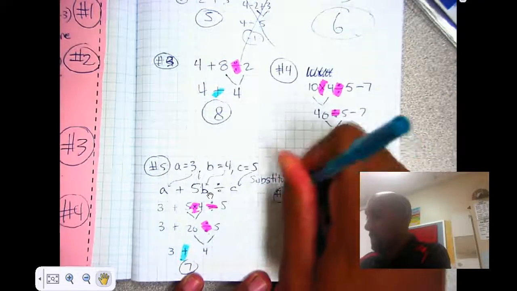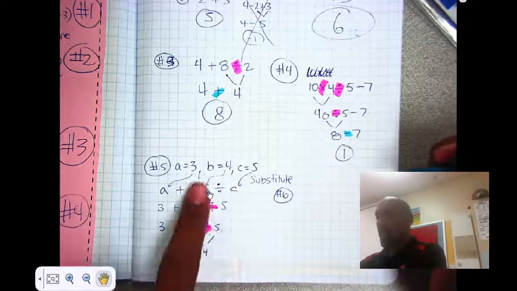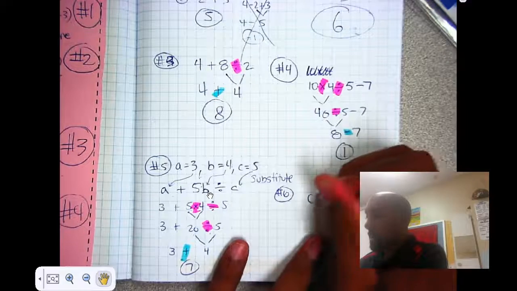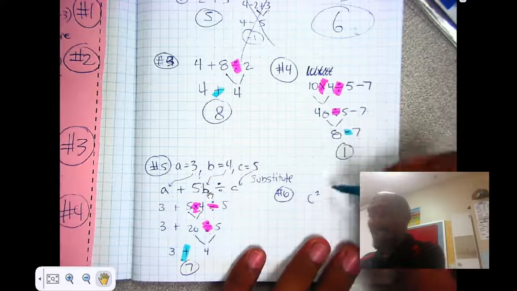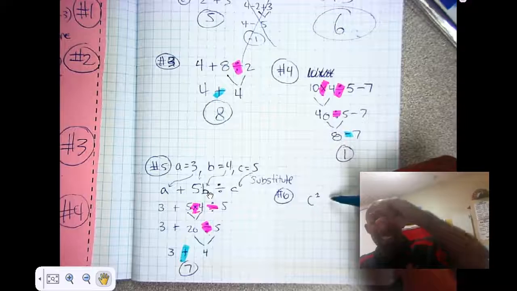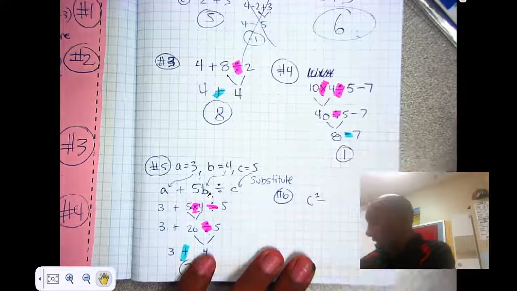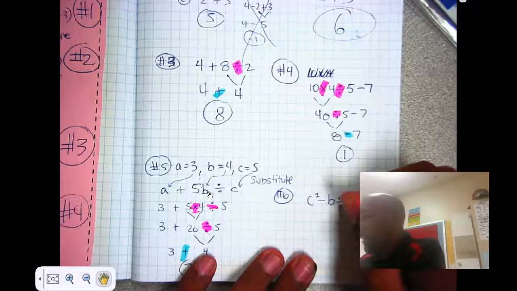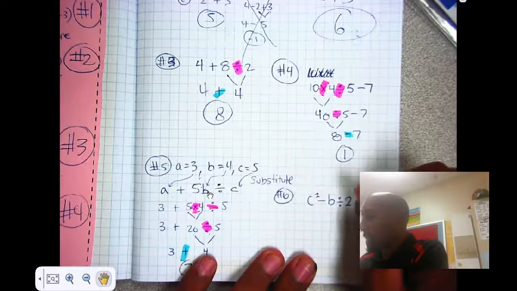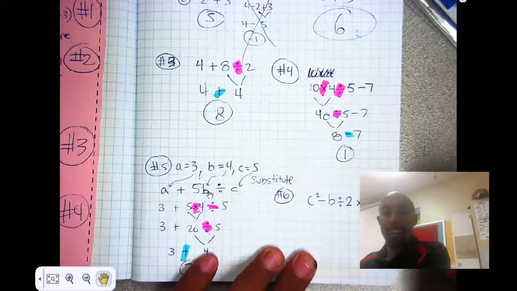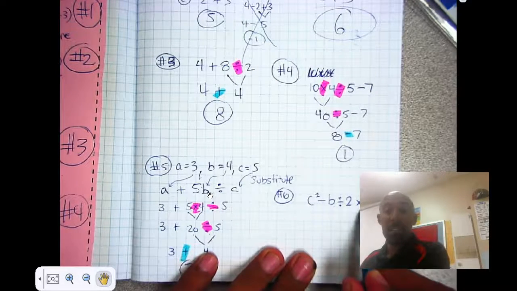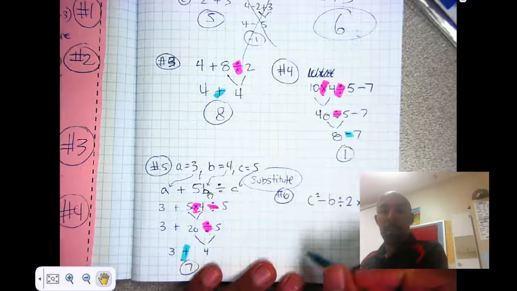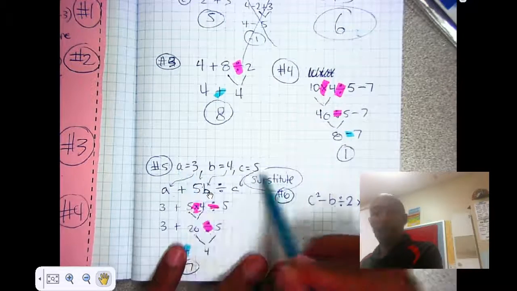Number 6. Now we're going to use the same numbers, A, B, and C, and the new expression is C squared, the little 2, minus B divided by 2 times A. Now again, if I see letters, I need to substitute and plug in the numbers.